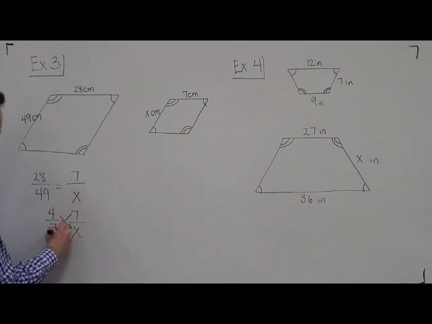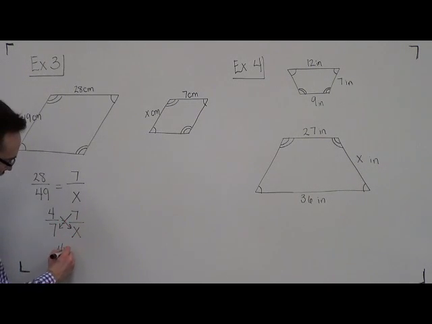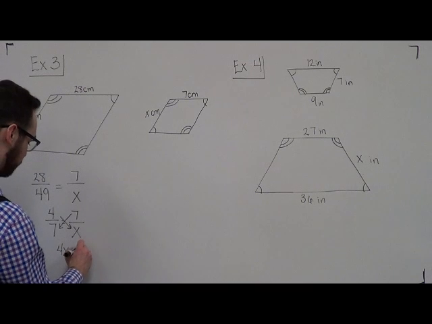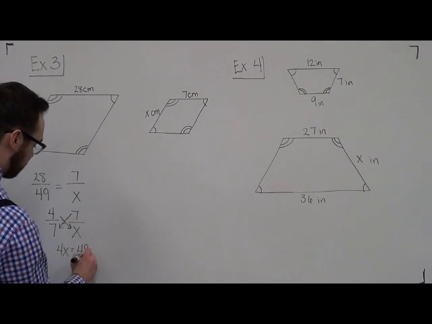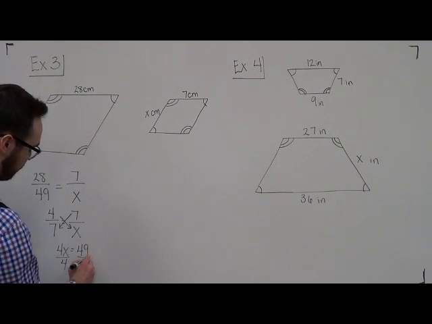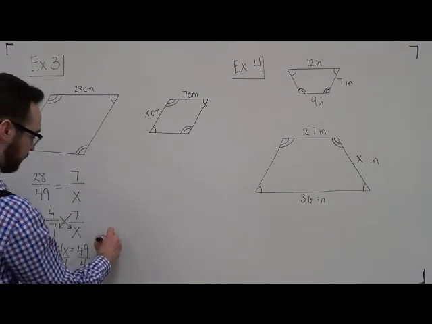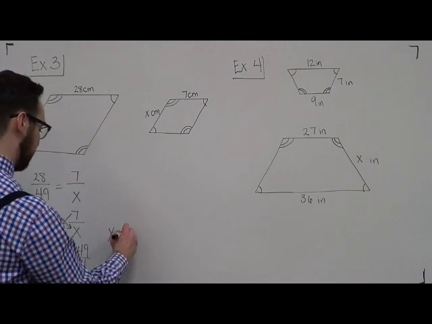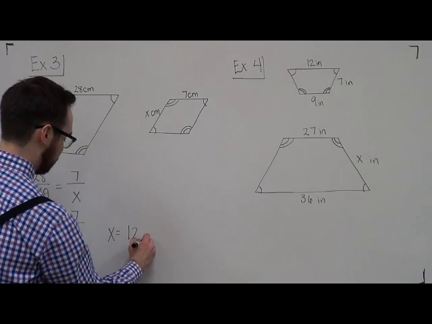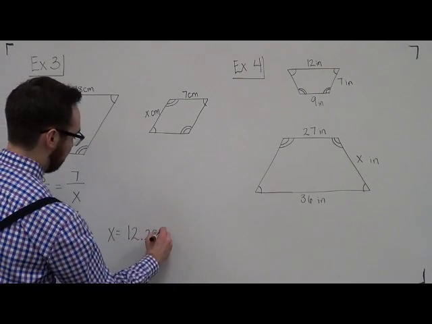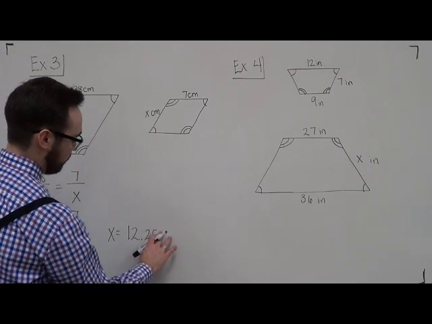Then we cross multiply, so I get 4x is equal to 49. We divide by 4, so x is going to be equal to 12.25 centimeters.